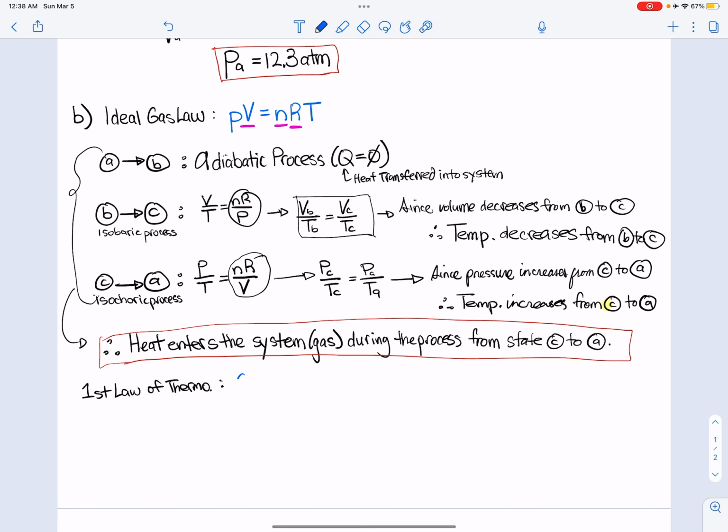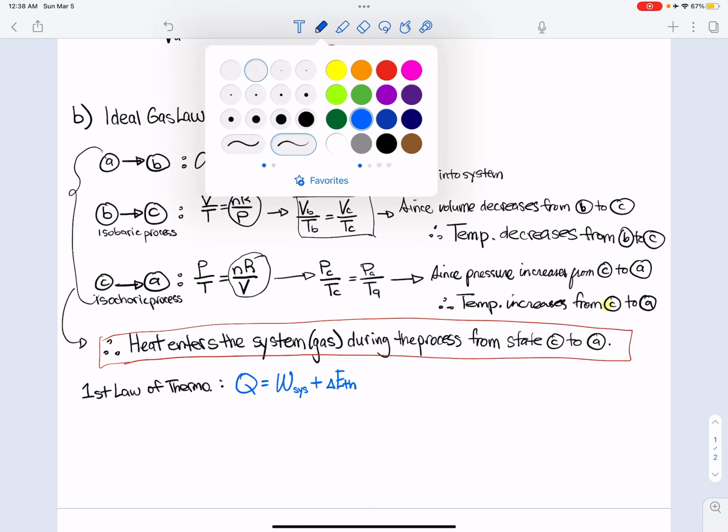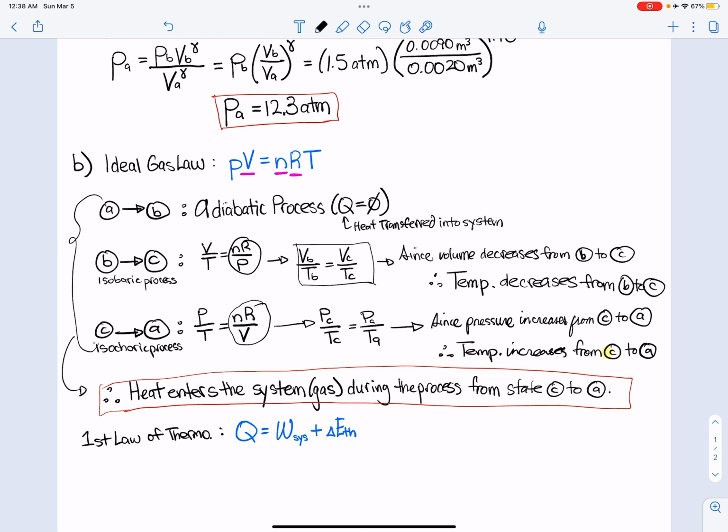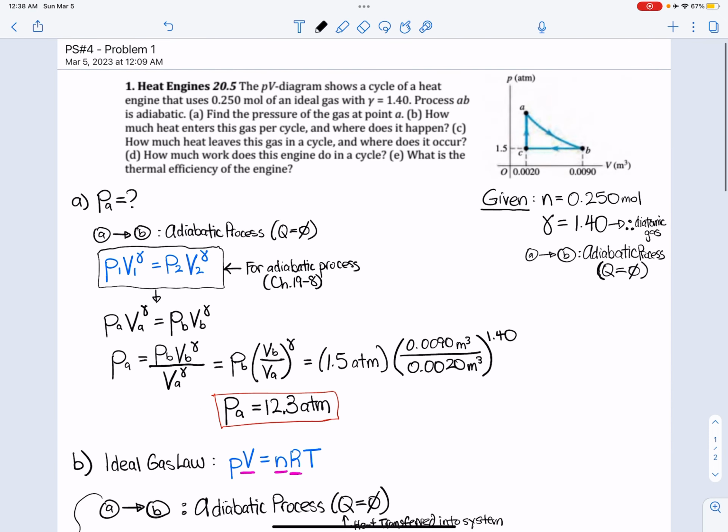And that is Q, or heat transfer, is equal to the work by the system plus change in thermal energy. So again, right now I'm looking only at the process from state C to state A, because I know that's when heat enters the gas, and that's what I'm looking for in part B.